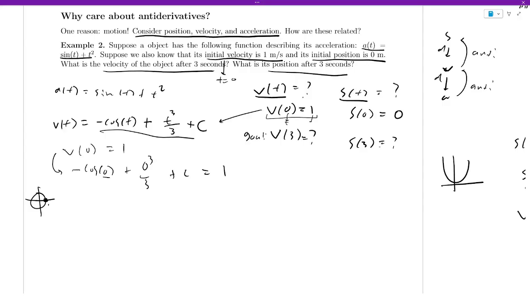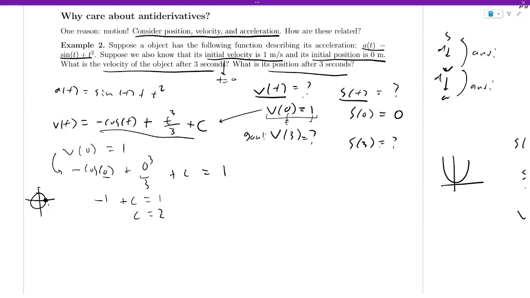Sine of 0 would be 0, because the y coordinate is 0 right there. Okay, so cosine of 0 is 1, so I have negative 1. 0 cubed over 3, that's 0. And then plus c. So I have negative 1 plus c is 1. And that's enough information to tell me c. I can add 1 to both sides. C has to be 2.